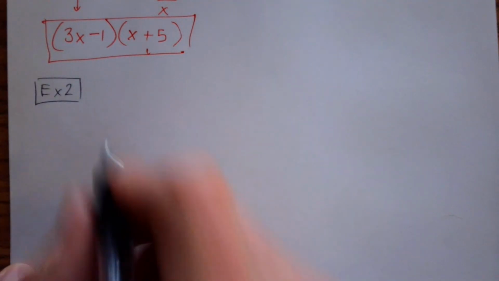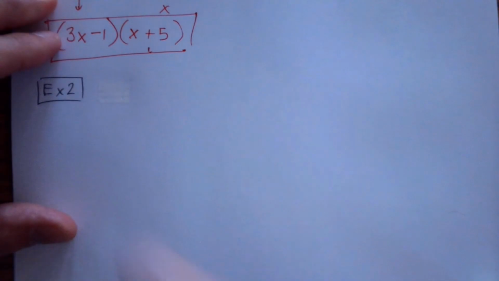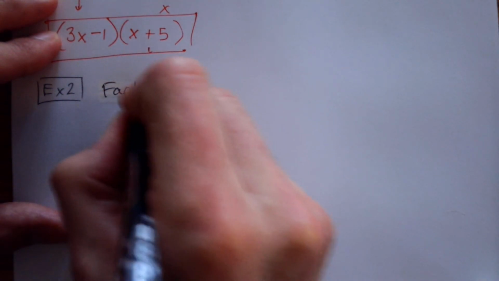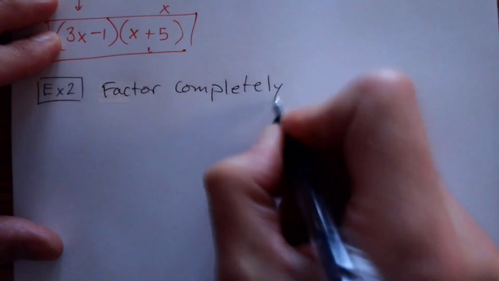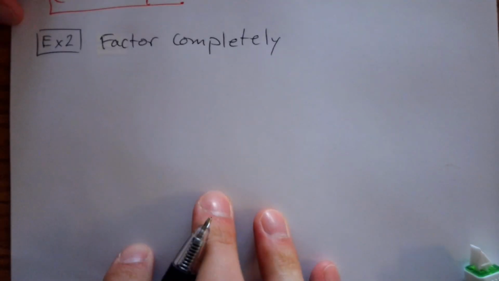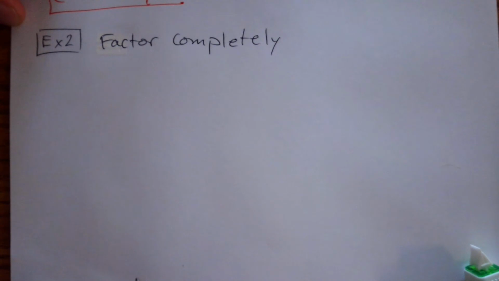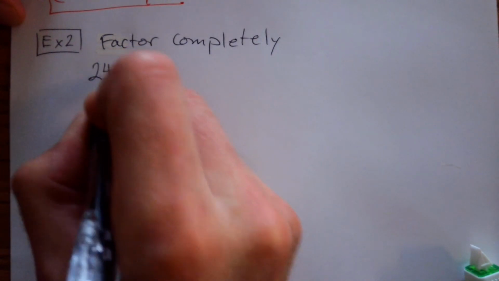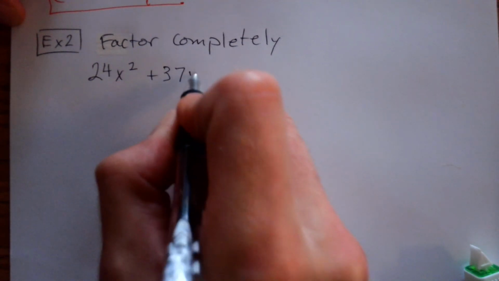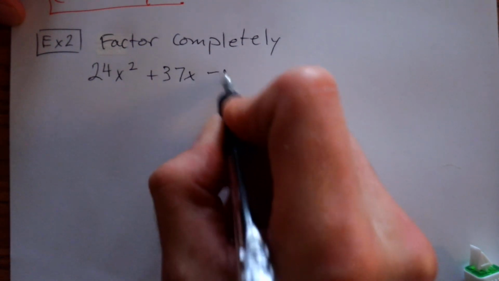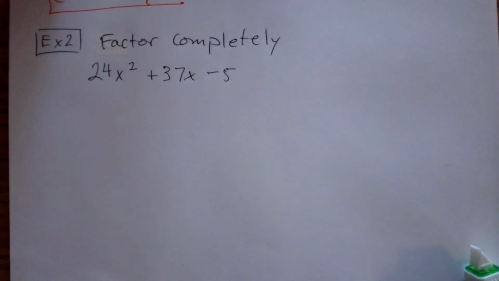We're going to have same instructions, factor completely. And this time we'll have 24x squared plus 37x minus 5.